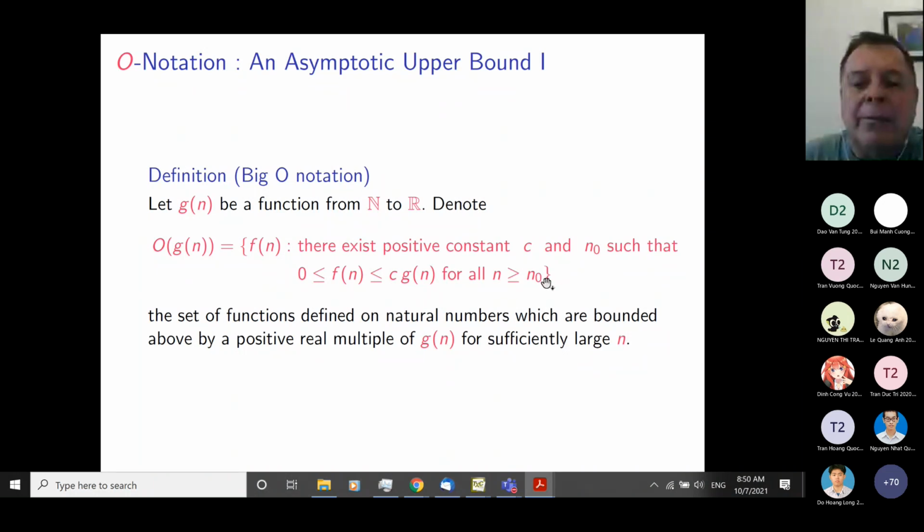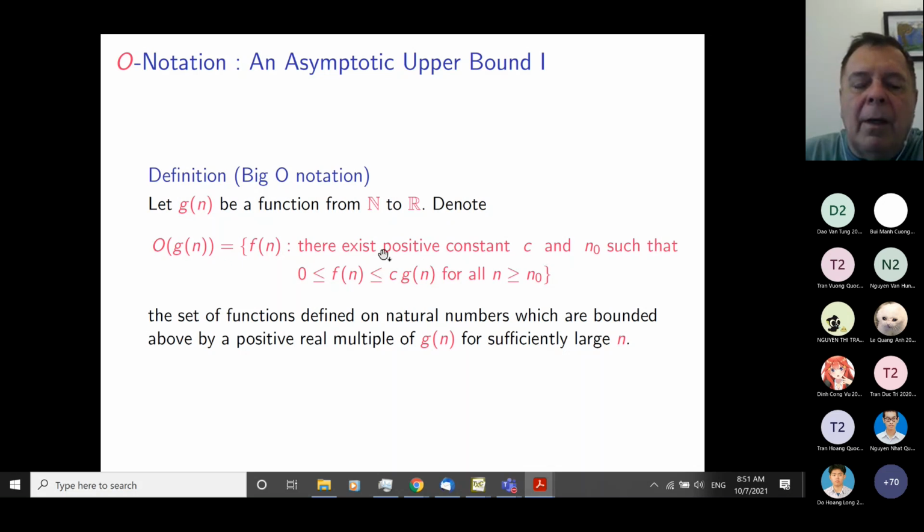Past n0, for all values of n, f(n) is dominated by g(n). So this set representation of the big O complexity class is just saying what it describes here: big O of g(n) is the set of all the polynomials that represent the running time of an algorithm that can be bound above by this function.